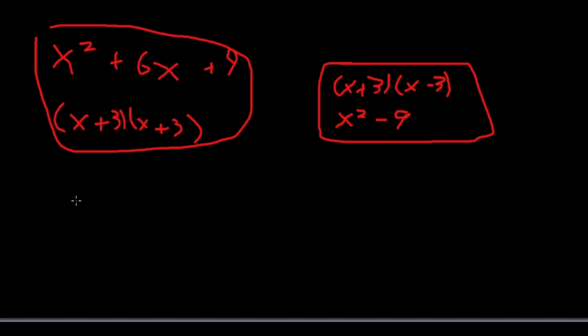So let's say we start with, I don't know, x squared minus 16. Given this pattern over here, what do you think a factored form of this would be?